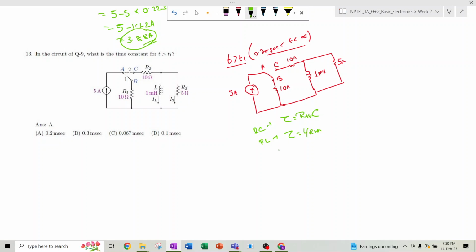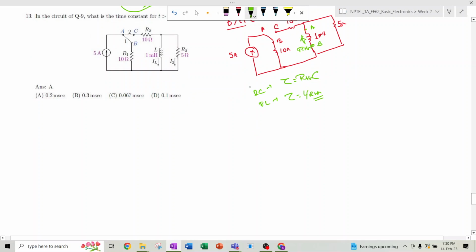Okay, so we need to find out the RTH. To find out the RTH, we open from this part A and B, and we will look from this inductor part, and we need to find out the value of the RTH. So this equivalent circuit becomes, sorry, this 5 ampere is a current source, so this needs to be open circuit.